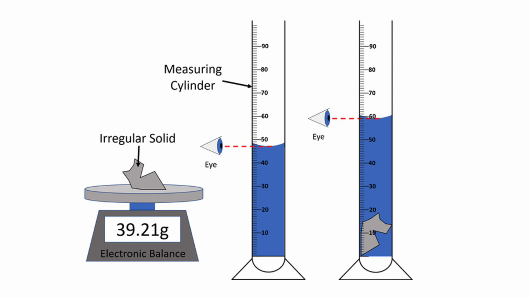It is coming somewhere 57 centimeter cube. So now the difference in reading is 57 minus 47, 10 centimeter cube. So mass is 39.21 gram and volume is 10 centimeter cube. So now the density of the irregular shaped solid is 39.21 divided by 10. We will get 3.921 gram per centimeter cube.